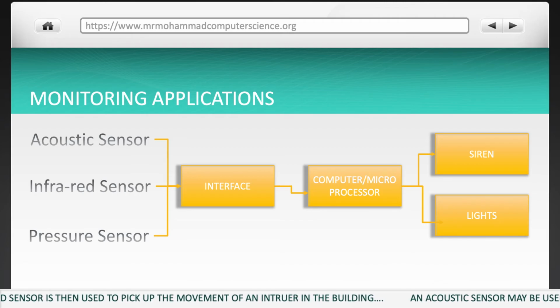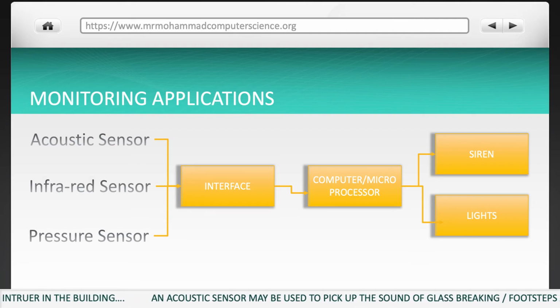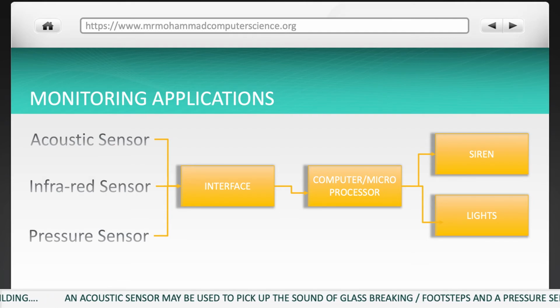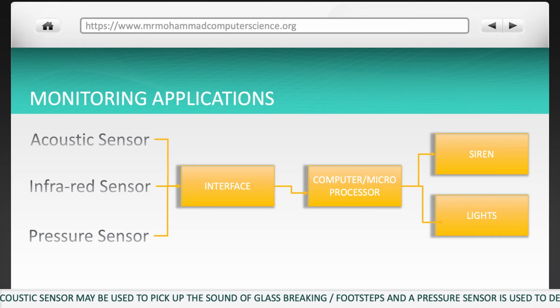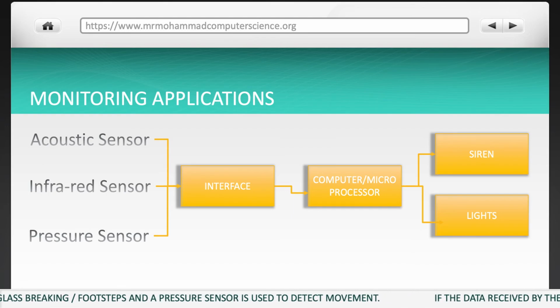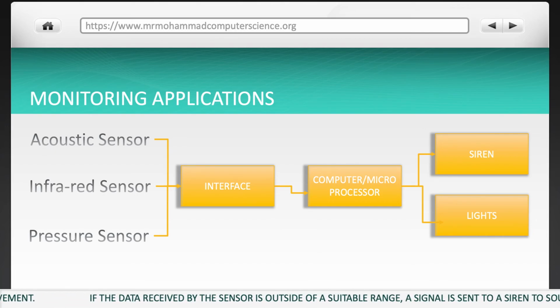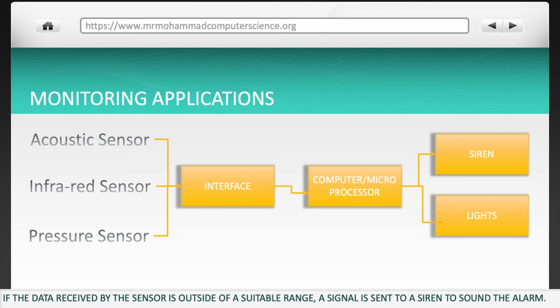An acoustic sensor would be used to pick up the sound of glass breaking or footsteps, and a pressure sensor is used to detect movement. If data received by the sensor is outside of a suitable range that is set in advance, then a signal is sent to a siren to sound the alarm.